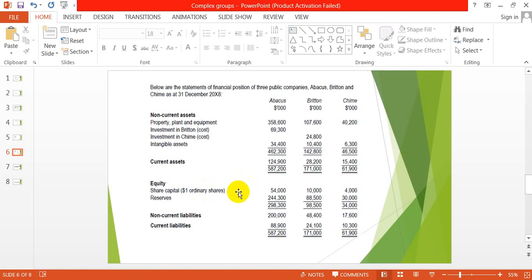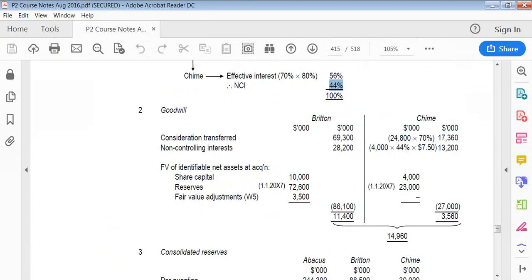So it's this 4,000 that we apply the 44% and then the 7.5% in note 4 to give us the NCI value of 13.2. We bring in the share capital of C in the reserves as at 1st January 20x7 of 23,000 to give us a total of 27 and goodwill of 3560.